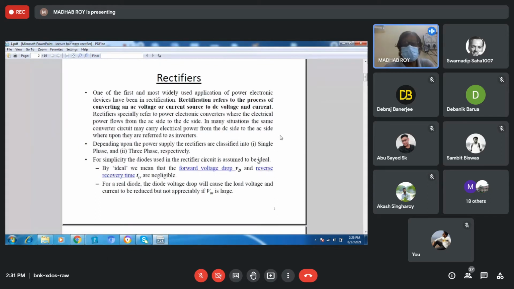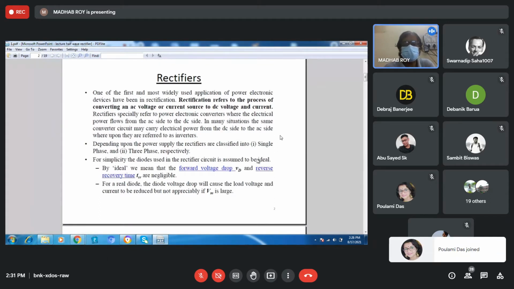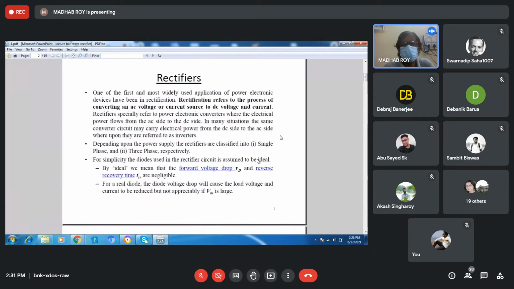So you know the diode. However, I will give some introduction. A diode is basically a PN junction. That means two doped materials, P and N, come together and form the PN junction. The property of this PN junction is that when it is forward biased, current flows, and when it is reverse biased, it blocks the current.